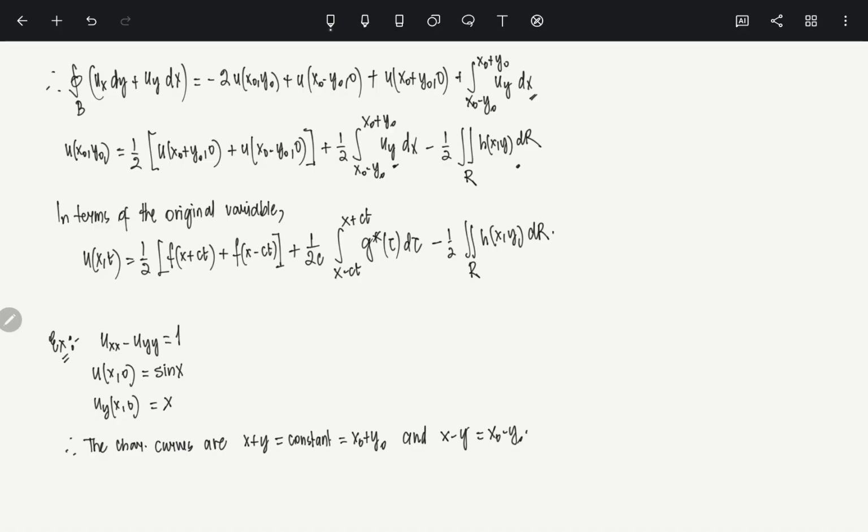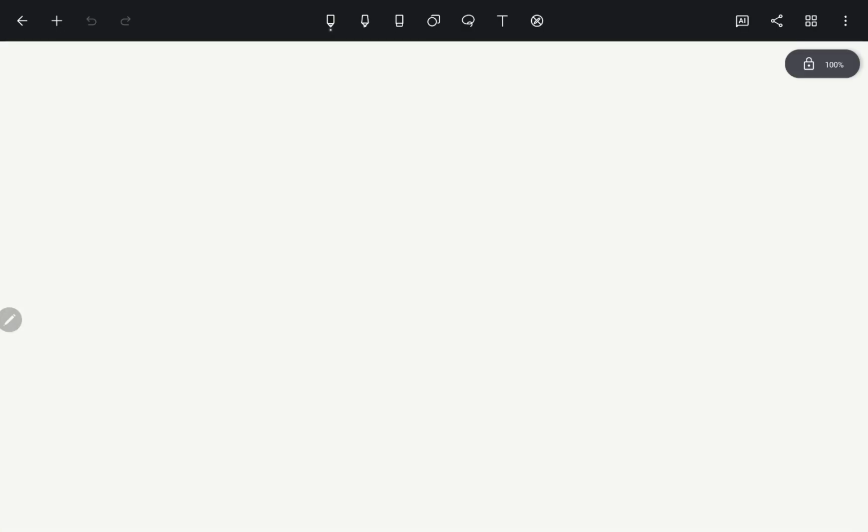Clear? So what is u of x naught y naught? Therefore u at the point x naught comma y naught is nothing but half times sine of x naught plus y naught plus sine of x naught minus y naught.